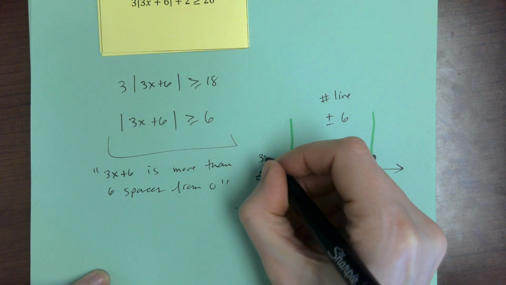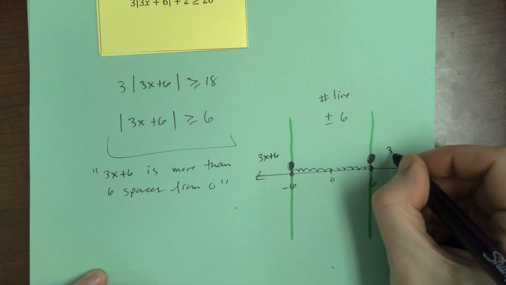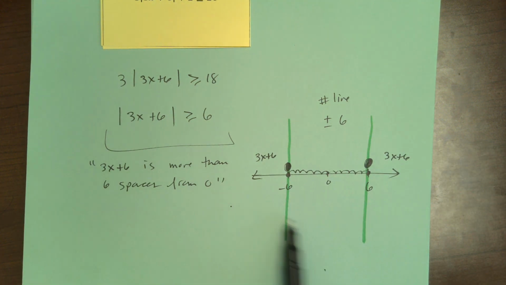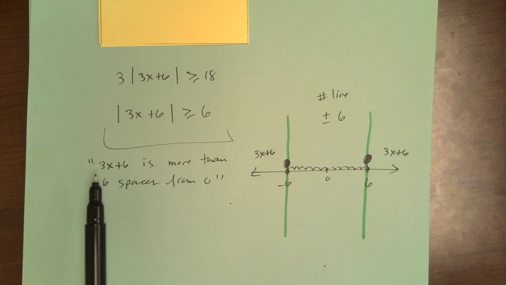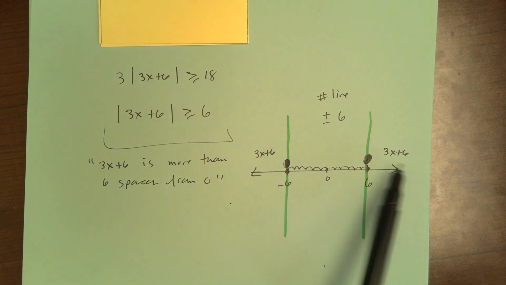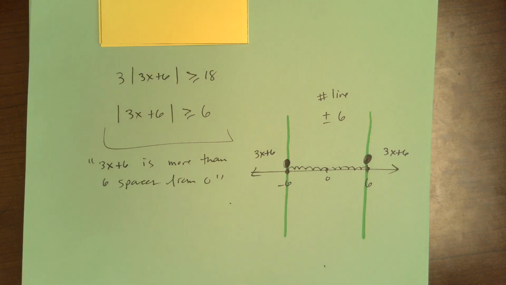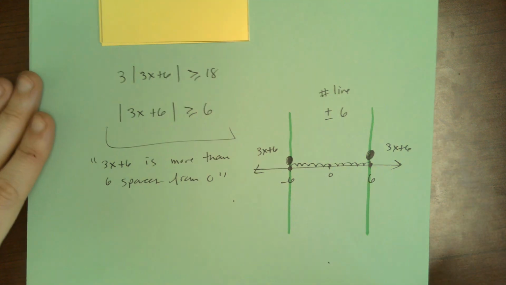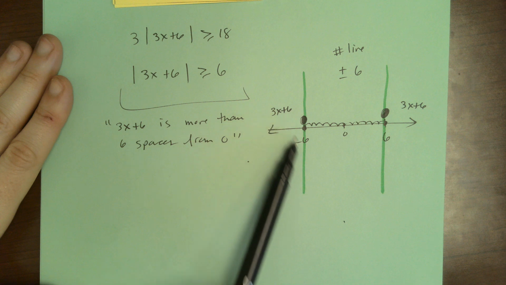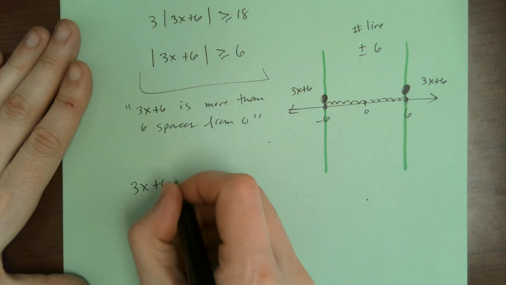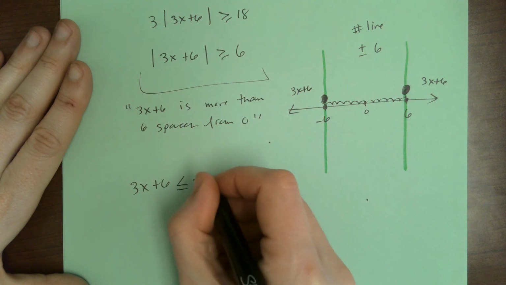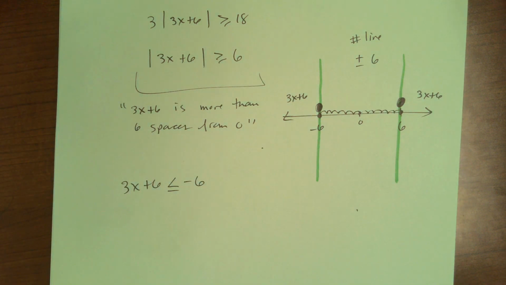Okay. So now I'm going to drop the bars. And guys, all of this work here is optional. It's just a visual. So the 2 places where 3x plus 6 could be are these outer regions. Now we set up 2 inequalities using what's on our number line. So the inequality over here is 3x plus 6 is less than or equal to negative 6.